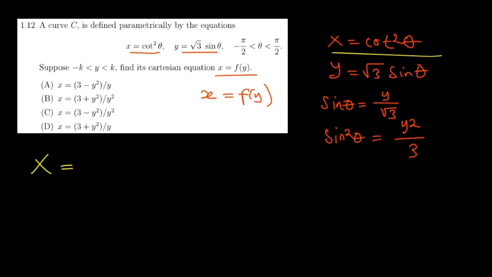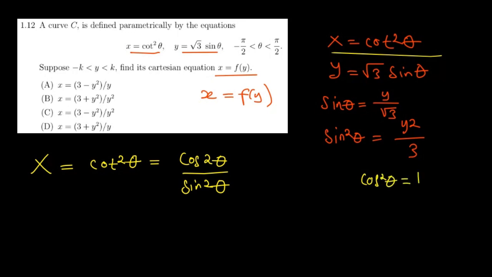x is equal to cos squared theta. But cos squared theta is the same as, okay, sine squared theta we already have here. But from the identity we know cos squared theta is the same as 1 minus sine squared theta.